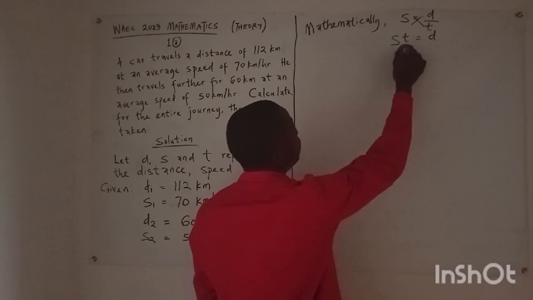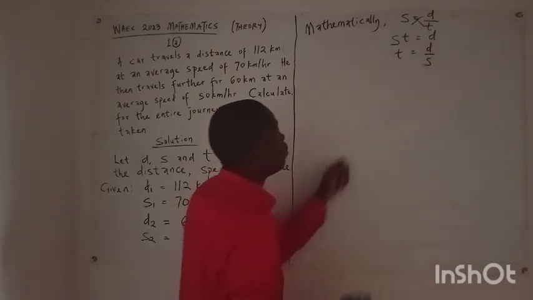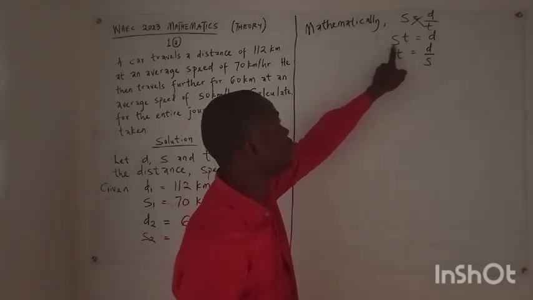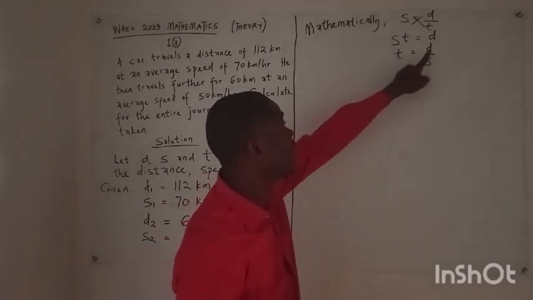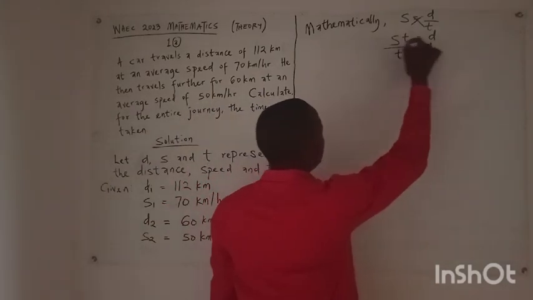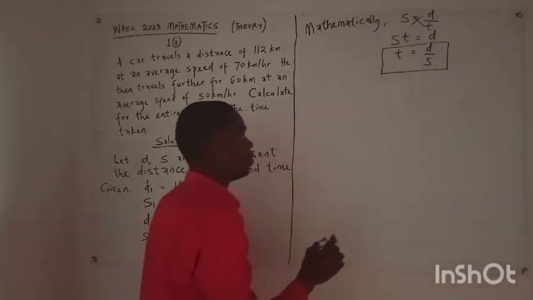So time will be equal to distance over speed. For us to make time the subject of the formula, we divide both sides by speed, so that speed will cancel speed here, and it will come here as time is equal to distance over speed. So this is the formula we'll be using for our calculation.